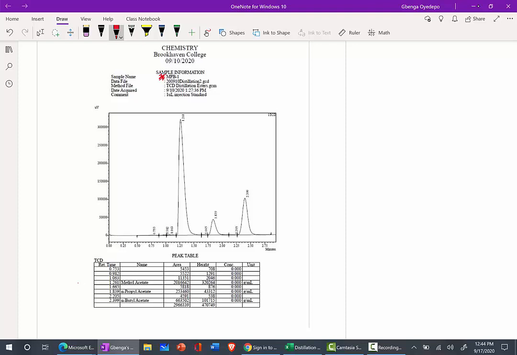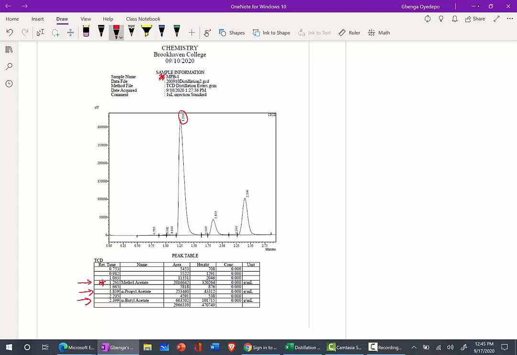And these are the 3 components: methyl acetate, N-propyl acetate, and N-butyl acetate. Let me use methyl acetate as an example. If you look at the retention time, it is 1.261.